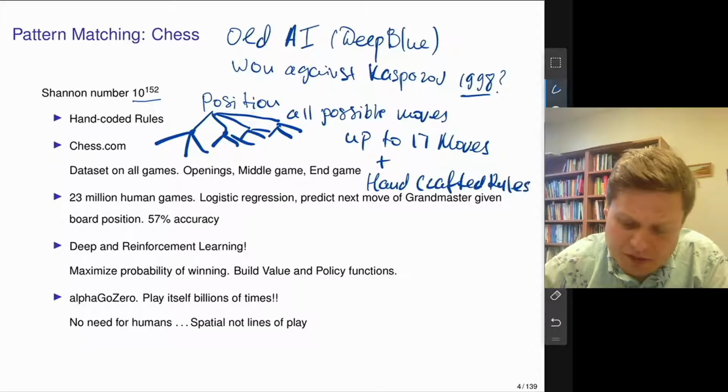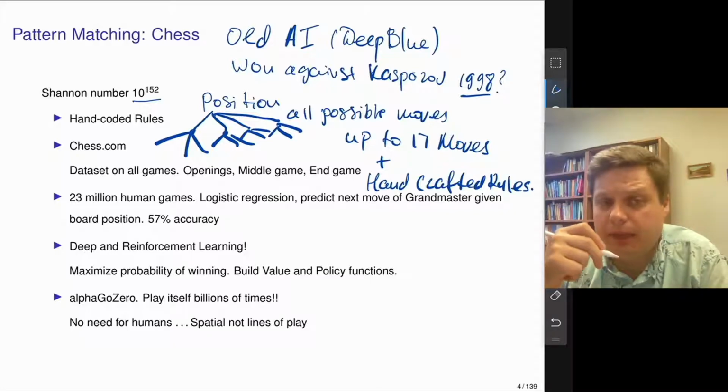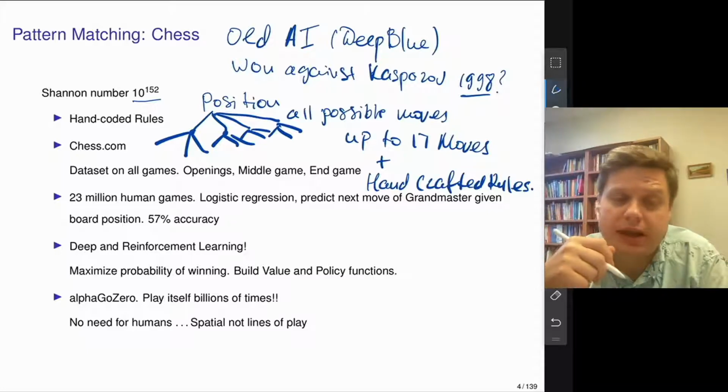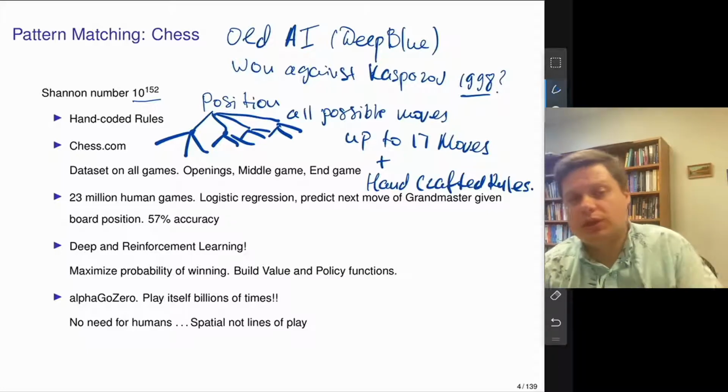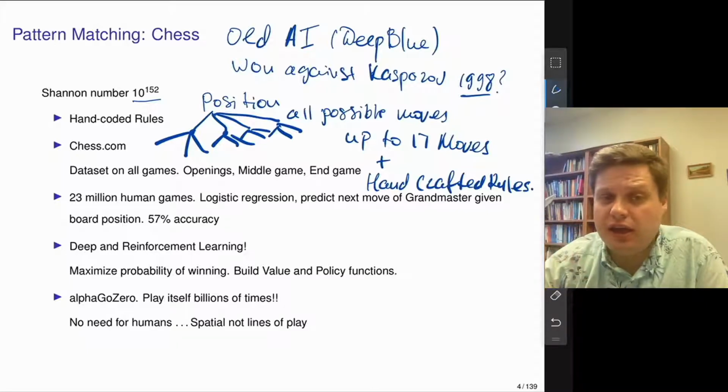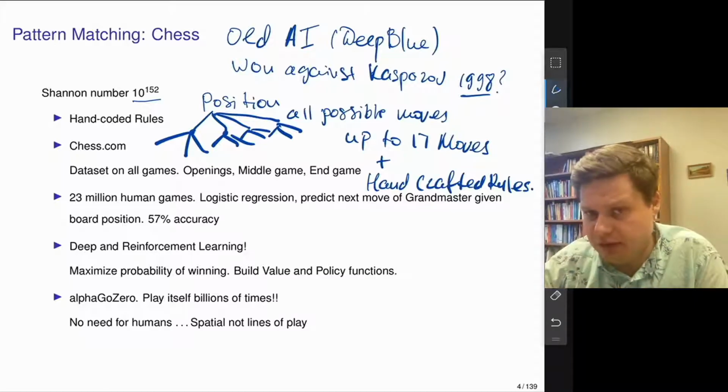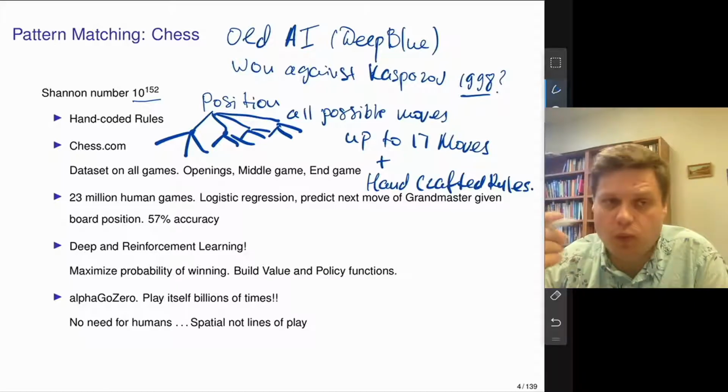And the handcrafted rules were mainly designed by grandmasters, by chess experts. They would have a large table of those rules, and a rule would say, if you try to move a queen, you don't move a queen to where it can be taken, for example. So that's a very simple one. But there are more sophisticated rules of that sort.